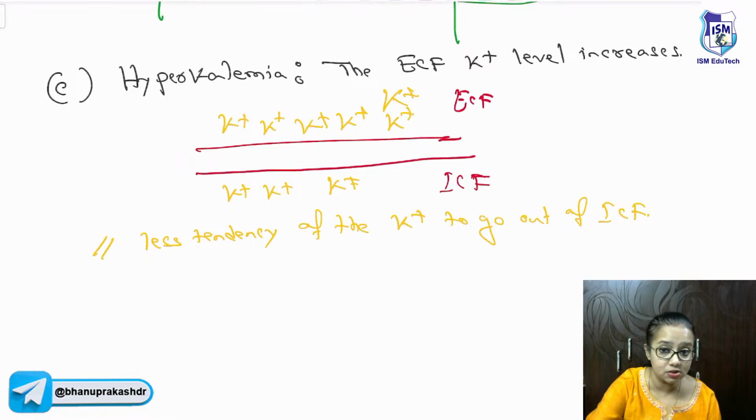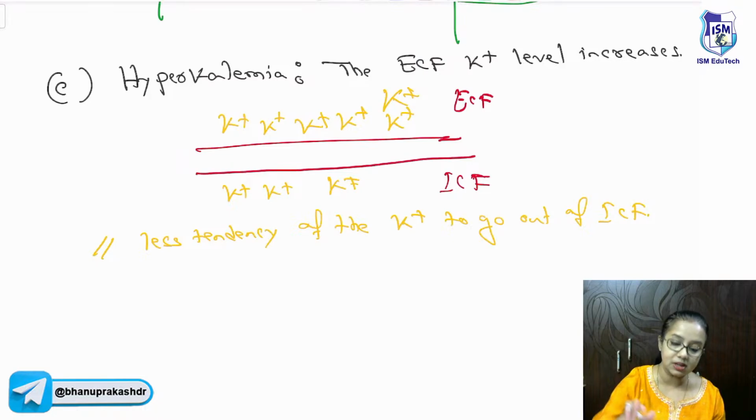And why do we say going out? That connects to the law of diffusion, passive diffusion, which we studied two lectures back. Passive diffusion means that due to the concentration difference, the movement of the ion happens from a region of higher concentration to lower concentration. So in normal condition, potassium is more inside, so through the leaky channel there is always a tendency of the potassium to go out.